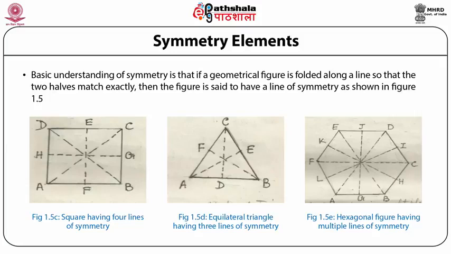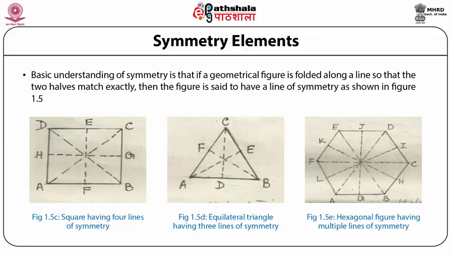Similarly, BCD is the mirror image of BAD, and likewise HGCD is the mirror image of ABGH. FBCE is the mirror image of AFED, and so on.